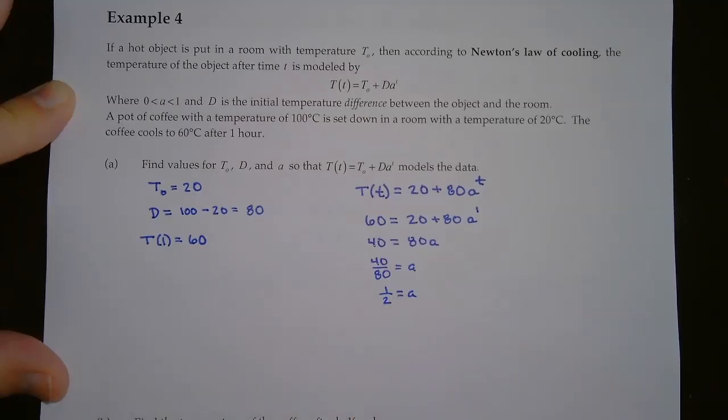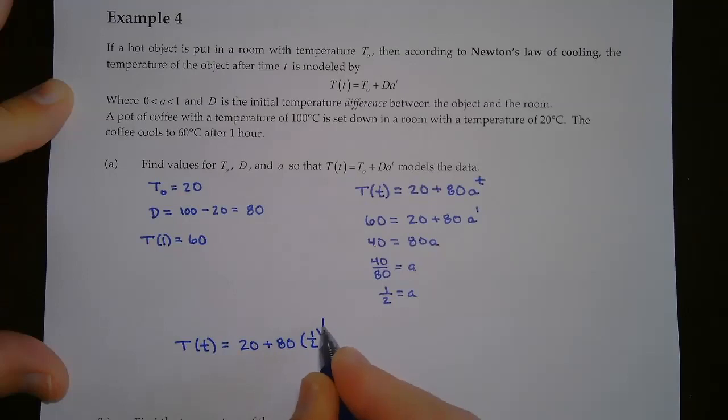So I know my a is 1/2. That means T of t is equivalent to 20 plus 80 times 1/2 raised to the t power.